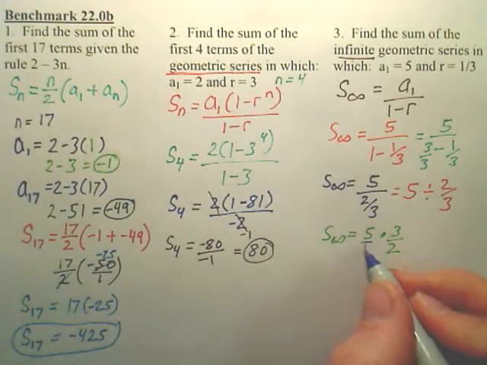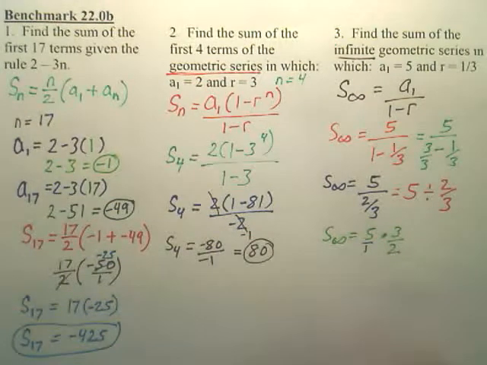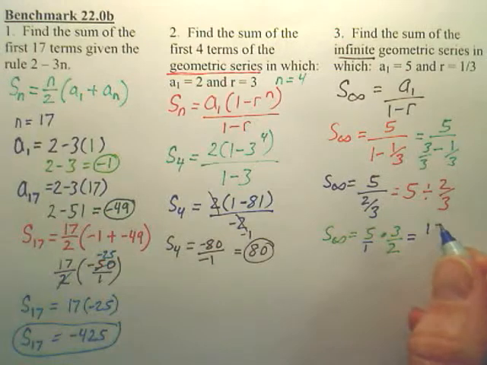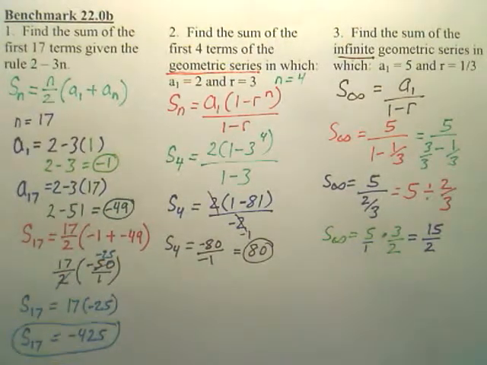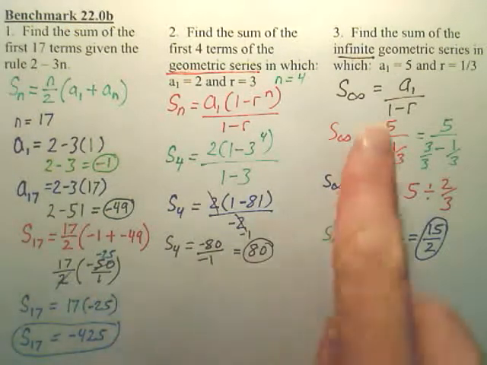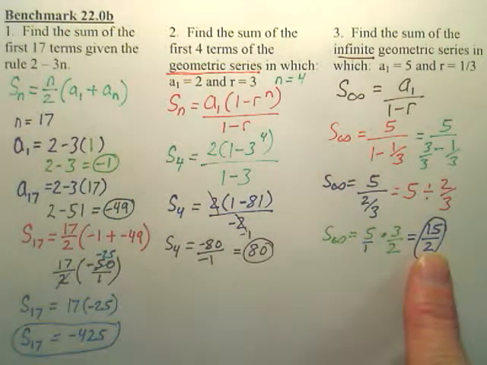Can I put a 1 right here? So would that be what? 15 over 2? Which is 7.5? Which is actually fine. So if I wanted to add up an infinite amount of terms, it's 15 over 2.